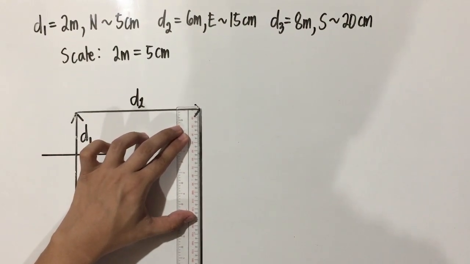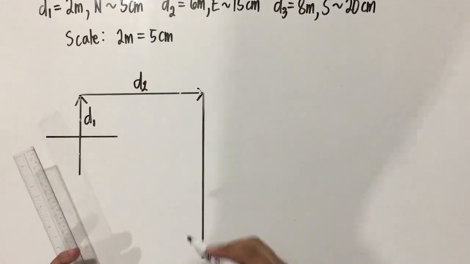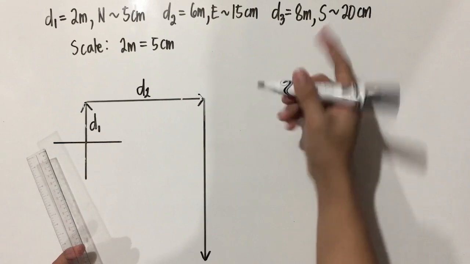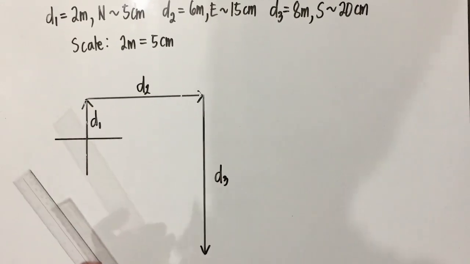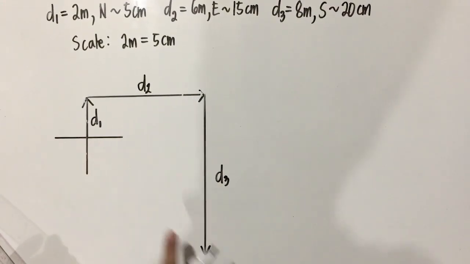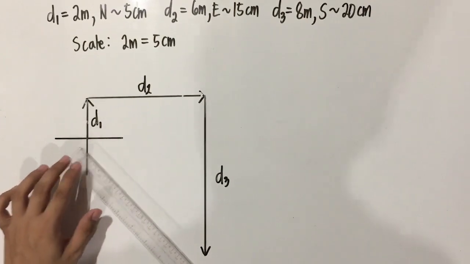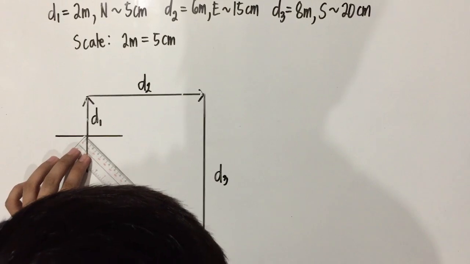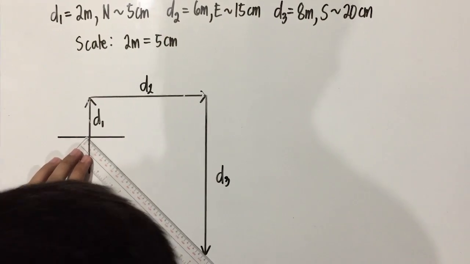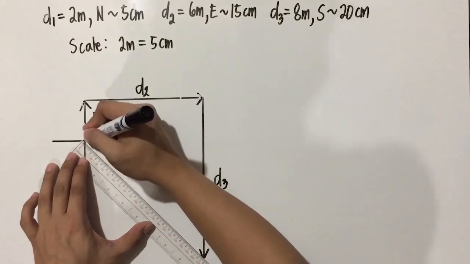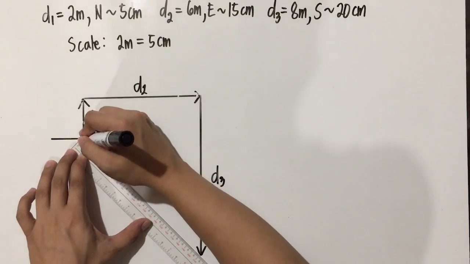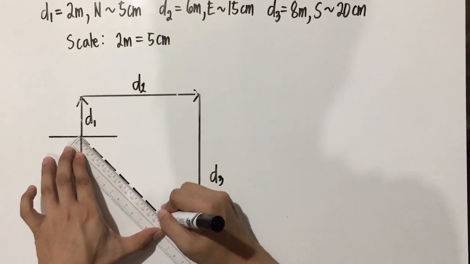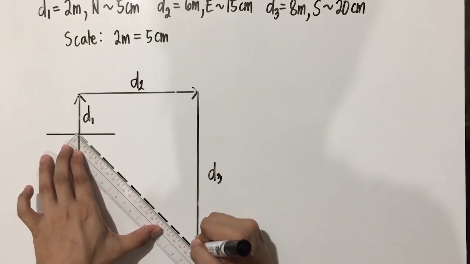That is south. Now, from the protocol, we have to connect the tail of the first vector diagram to the head of the last vector diagram. And let's try to draw a broken line here. And after that, let's measure the resultant vector, using again the ruler.